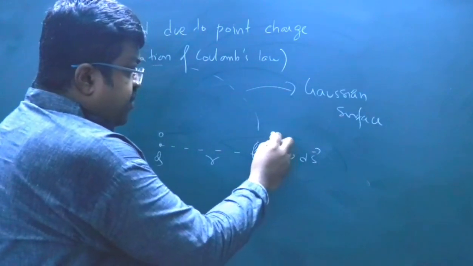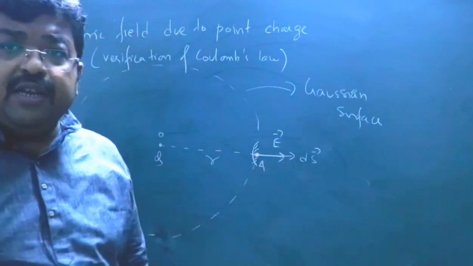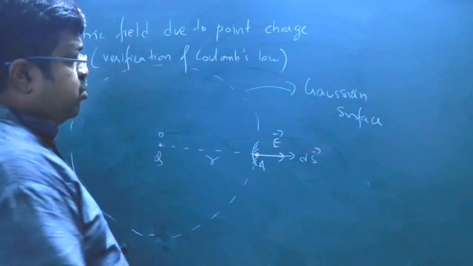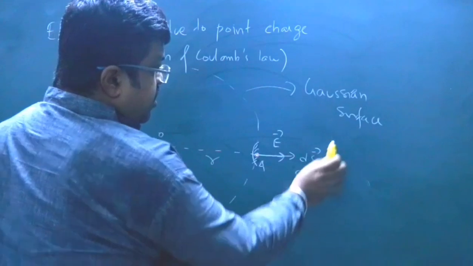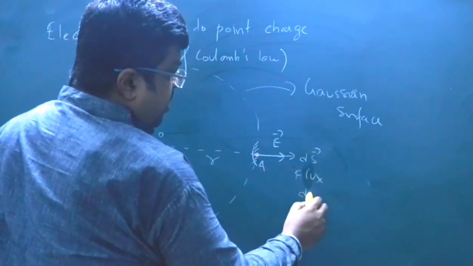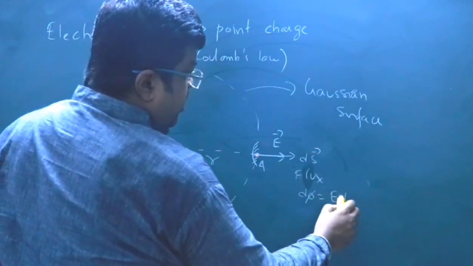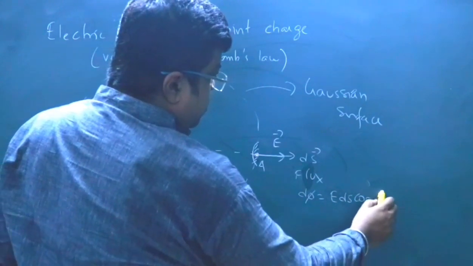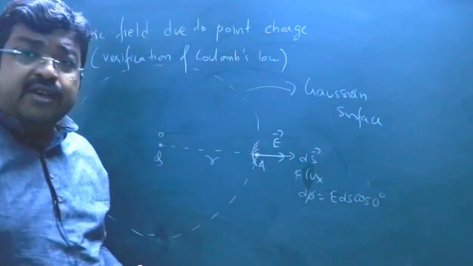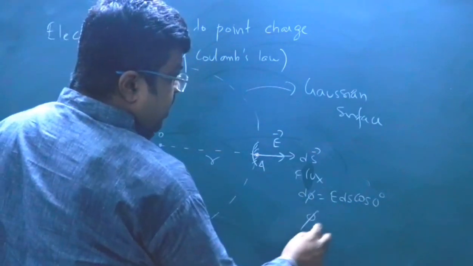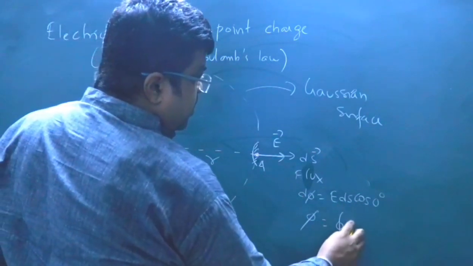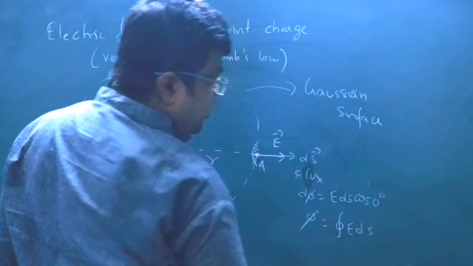So this is E. E and ds are in the same direction. So the flux through this small area, d phi, will be E ds cos 0 degree, E and ds being in the same direction. On integration, we have phi equal to the integral over the closed surface of E ds.